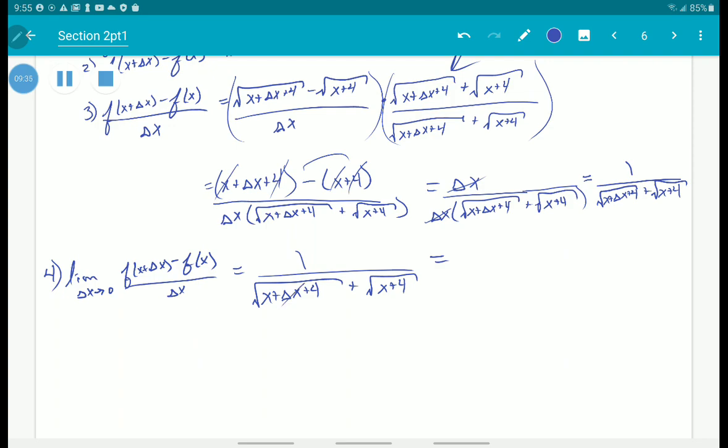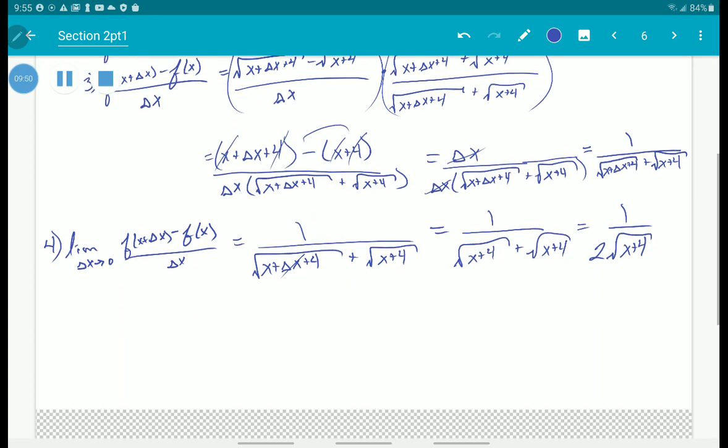And that's going to go to 0. So I'm going to have 1 over the square root of x plus 4 plus the square root of x plus 4. And notice I've got 2 of those. So we could write it that way.